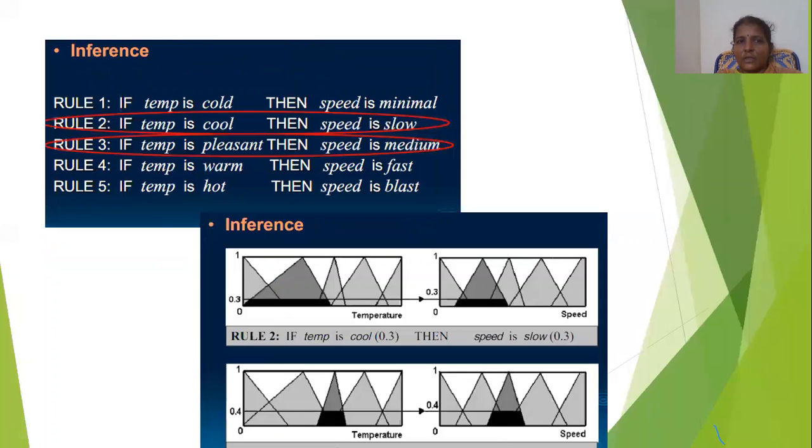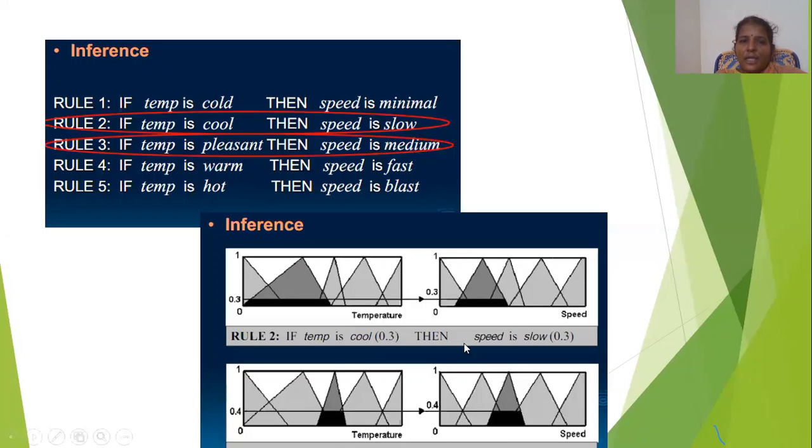Here, in the inference, if the temperature is cool, then speed is slow. If the temperature is pleasant, then speed is medium. So you are considering rule 2 and rule 3, whose linguistic values are 0.3 as well as 0.4. So in inference, you are inferring that if the temperature is cool, then speed is slow.